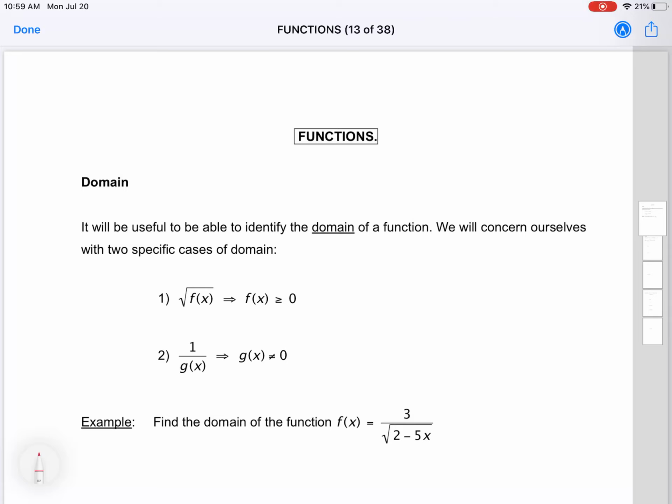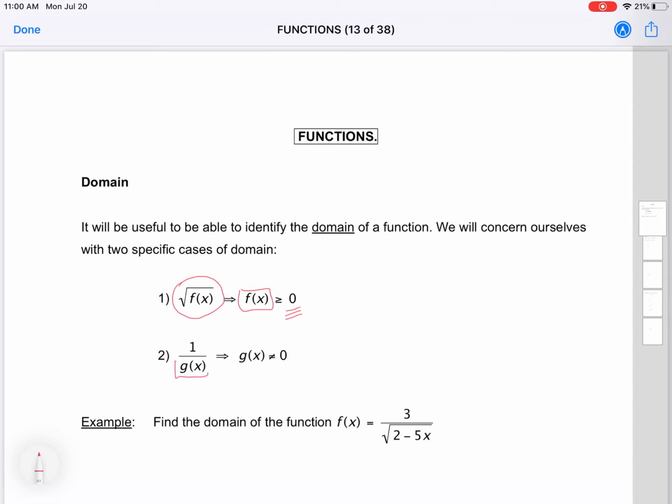So basically, two cases will capture our attention in this module. Namely, if you have the square root of a function, or for that matter, a fourth root or a sixth root or any even root, you will actually want the inside of the root to be positive, simply because the root of a negative number does not exist in the real number system.